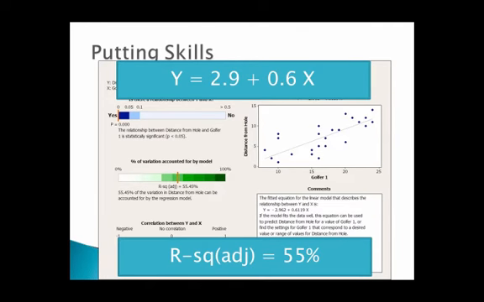I've got 55% of the result that I'm seeing is explained by the model. So about 55% of the variation I see in my putts is due to the distance from the hole, which is great. Does that mean my work is done? If I'm doing root cause analysis, it probably means I have to go dig in and find out what that second bar on the Pareto is. What's the next thing that's also impacting my accuracy that I can go work on?